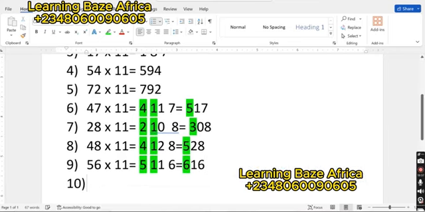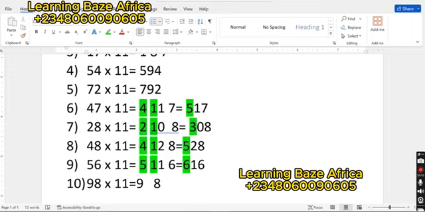Now the fifth example on multiplication by 11, stepping up. All right. So let's see 98 times 11. Write down 9, write down 8, giving a space in between, enough space, okay?